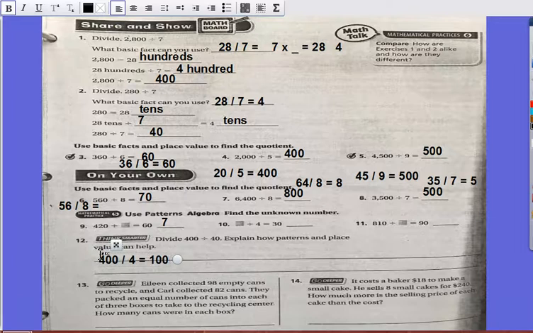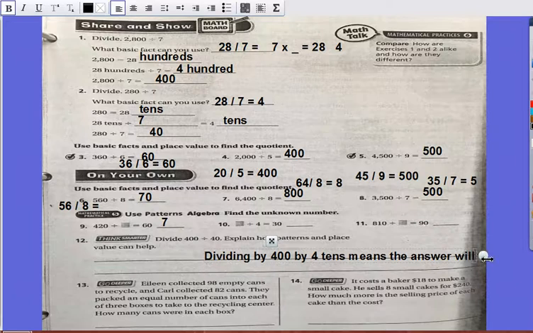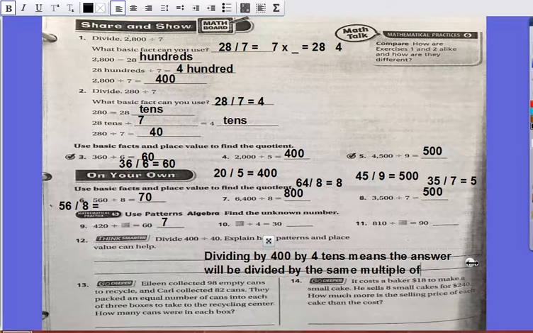For the explanation, I guess you could put, no idea why that just disappeared, you could put: dividing 400 by 4 tens means the answer will be divided by the same multiple of 10.